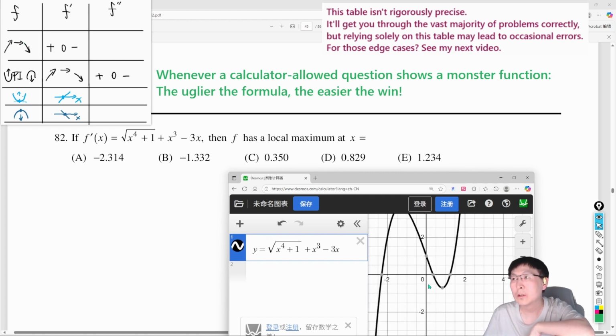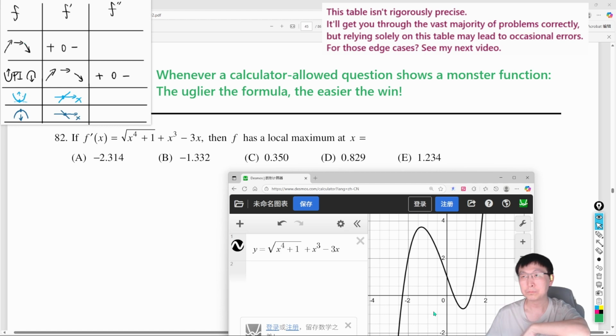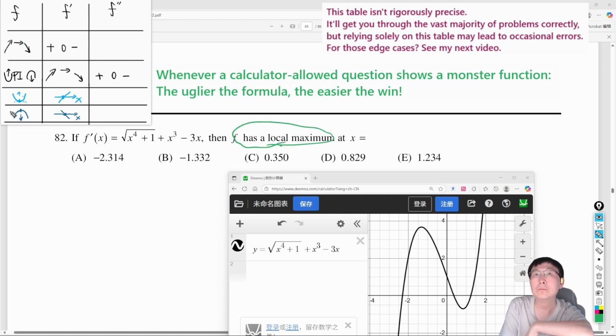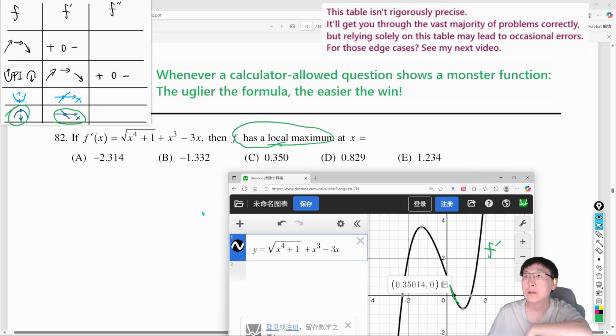Okay, Desmos is a very helpful tool. Then we can do the question as we did before, where f has a local maximum matches where f prime turns from positive to negative. The graph of f prime turns from positive to negative. Desmos will tell us C is the correct answer.